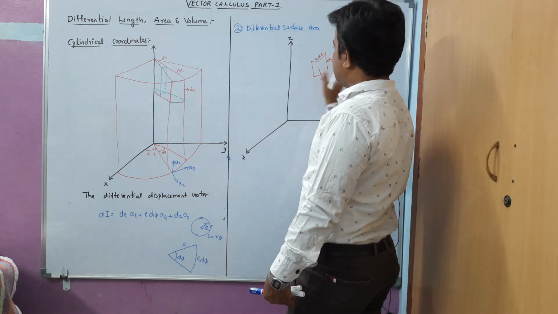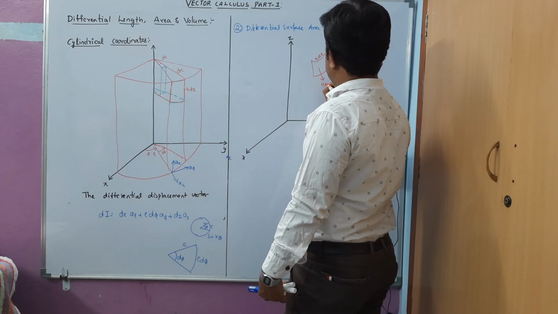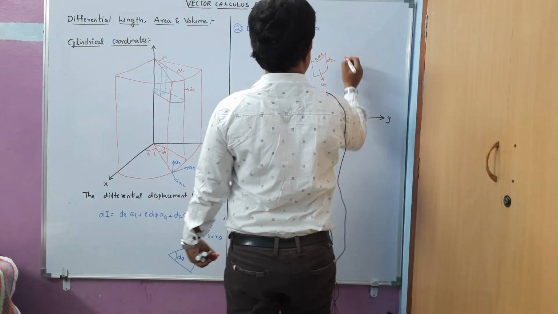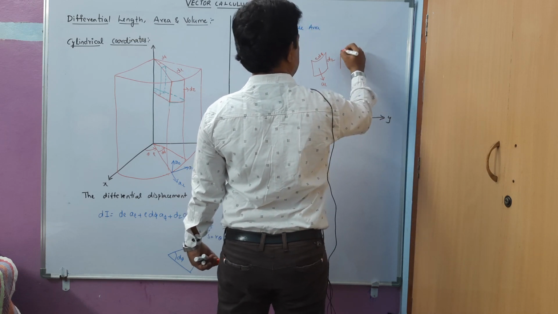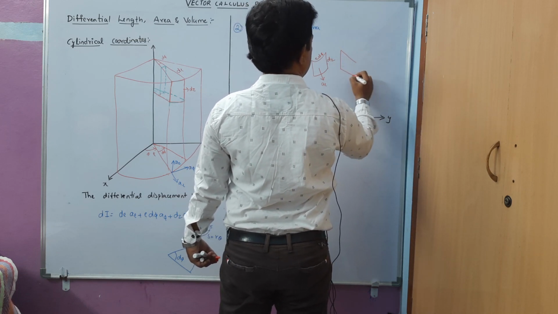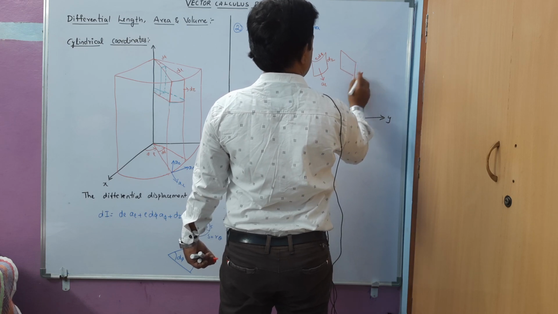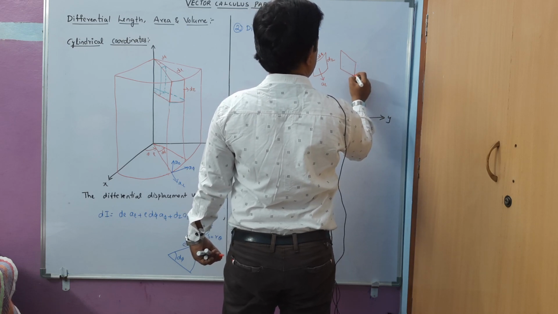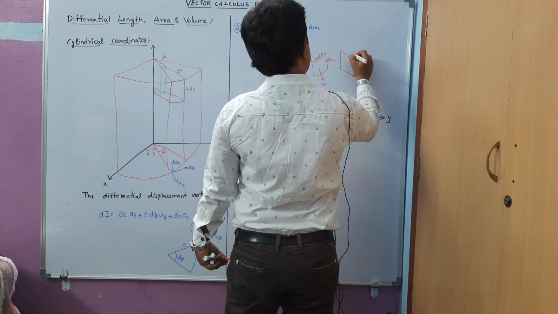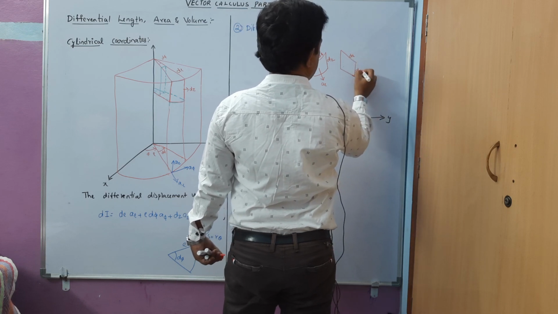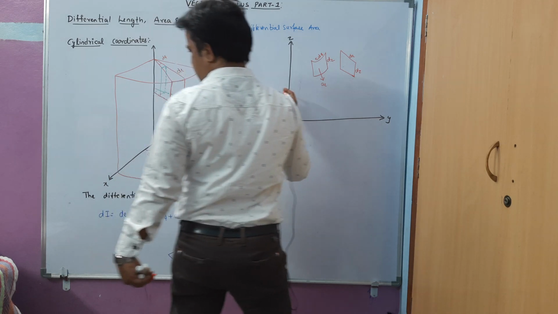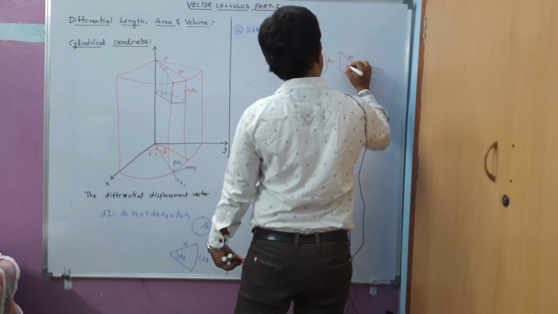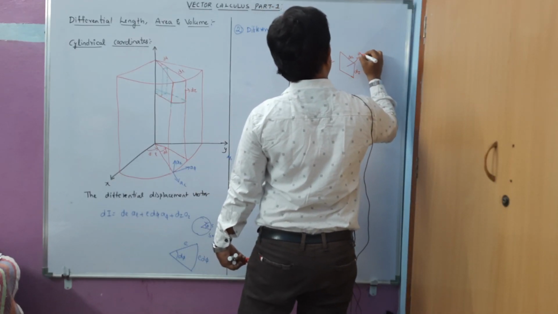So we have a rho. Similarly we have the az and this dz, and this is rho d rho. So this is the d rho and this is the dz, and the unit normal vector for this one will be a phi.